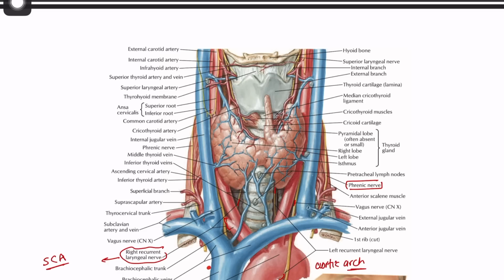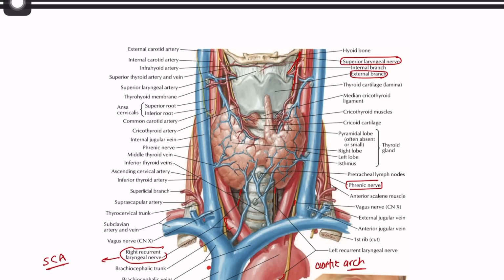On the top you have quite a big nerve that's called the superior laryngeal nerve, and you also have the external laryngeal nerve. The superior laryngeal nerve gives two branches, the external laryngeal nerve and the internal laryngeal nerve.